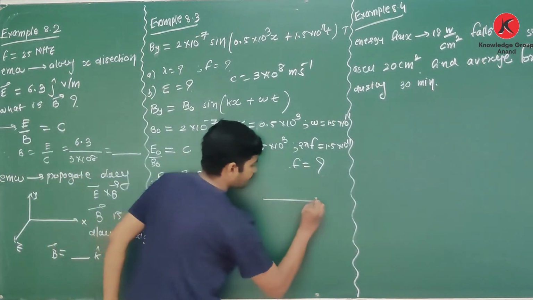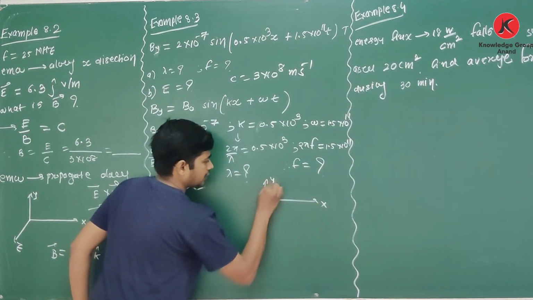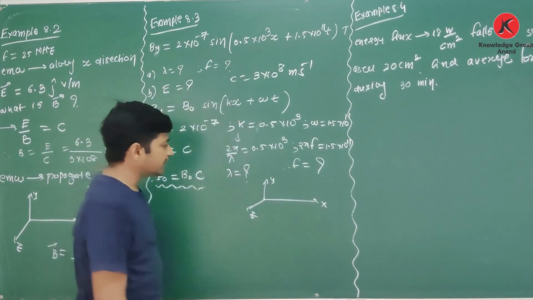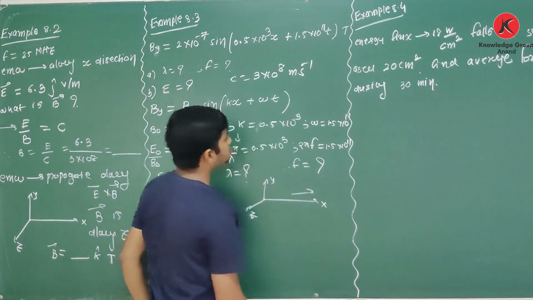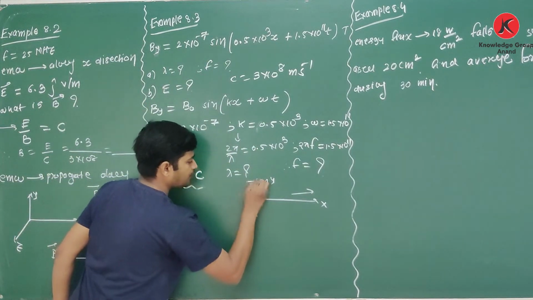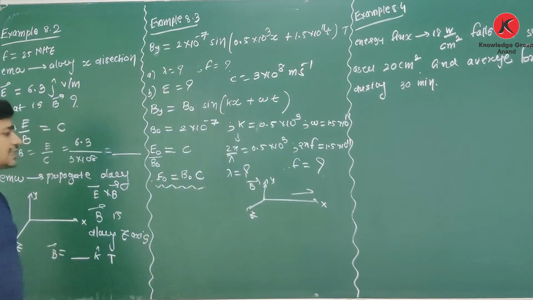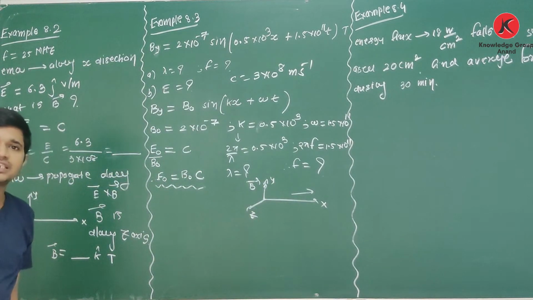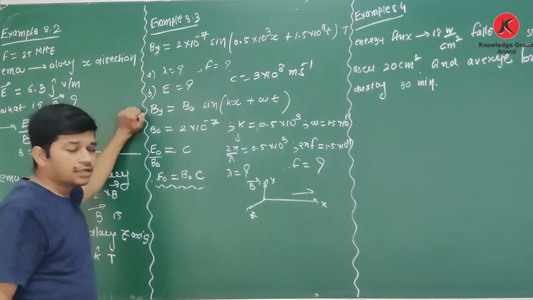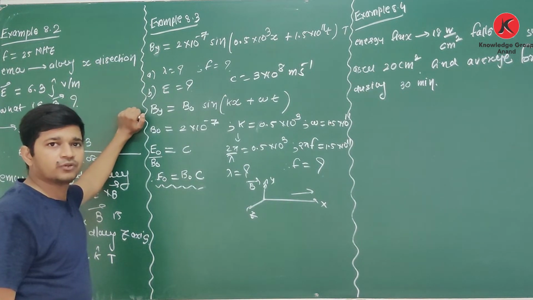Again, see here it is x, y, z. As it is a function of x, it means waves are propagating in this direction. The magnetic field is along the y-axis, B. Then in which direction is the electric field? The electric field is in the direction in which waves are propagating.